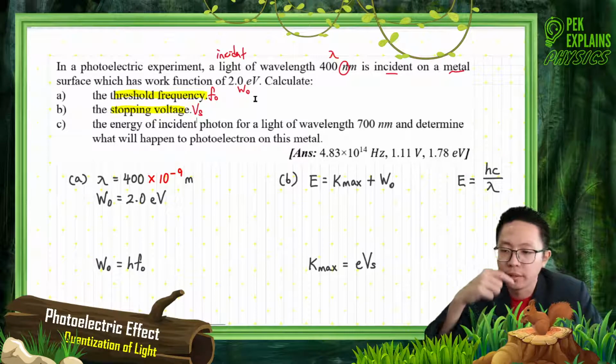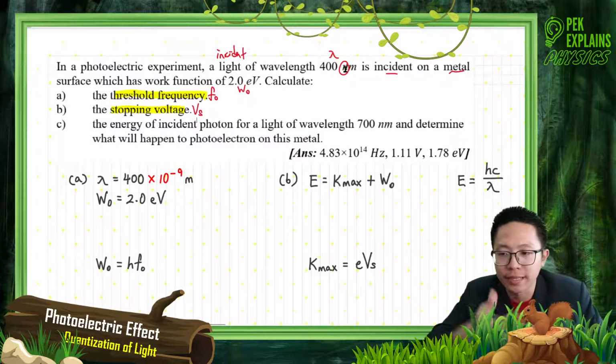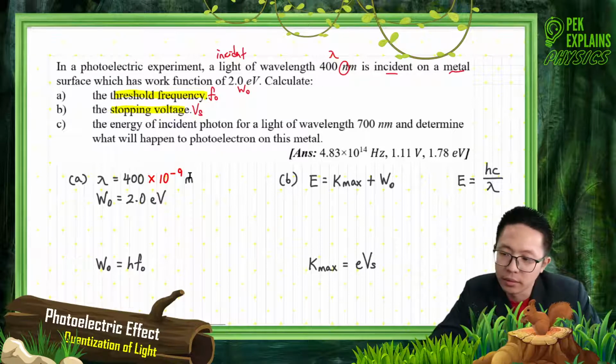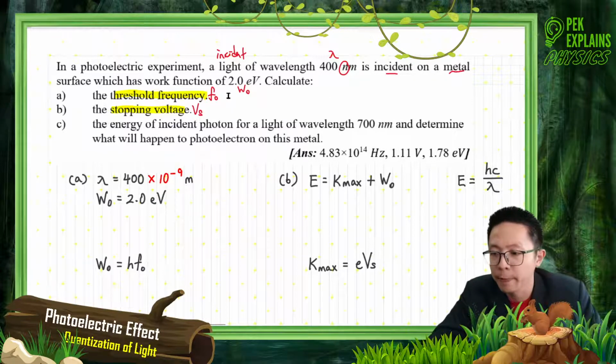So how to do it? If the question gives us lambda, we can find the energy of the photon easily. But lambda is in nanometer, I change to meter: 400 exponent negative 9 meter. The metal surface has a work function of 2 electron volt. Okay, we want to find the threshold frequency.